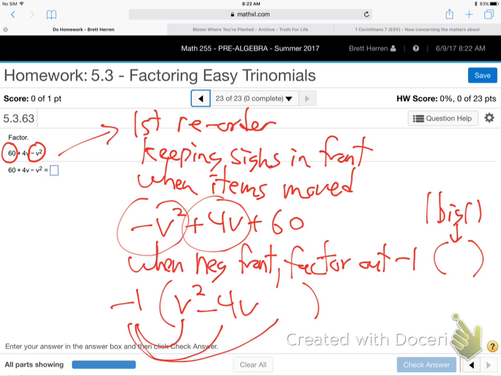And minus 1 times what will be plus 60? Minus 60. See how it changed all the signs? Remember when you factor a negative in the front, it always changes all the signs? You remember me saying that yesterday, right? I talk at you for 4 hours a day, and you remember every word, right? Good so far.